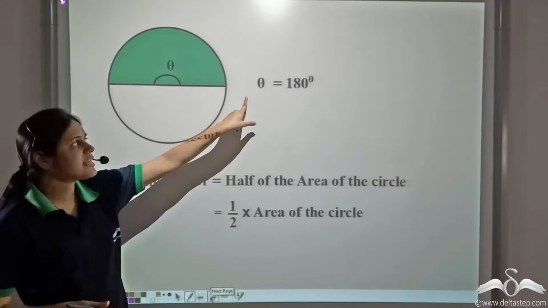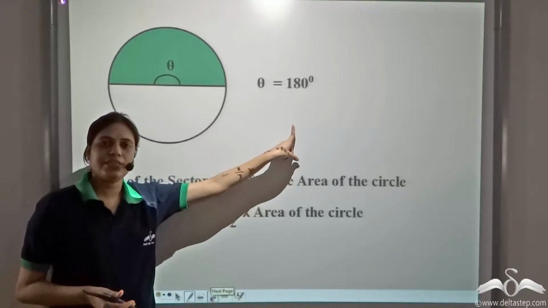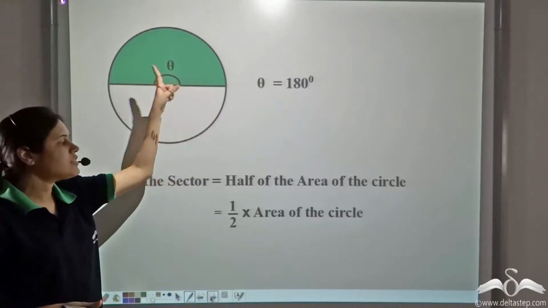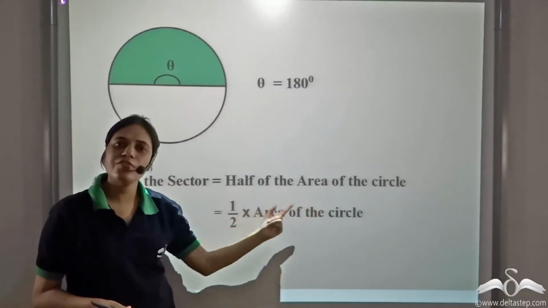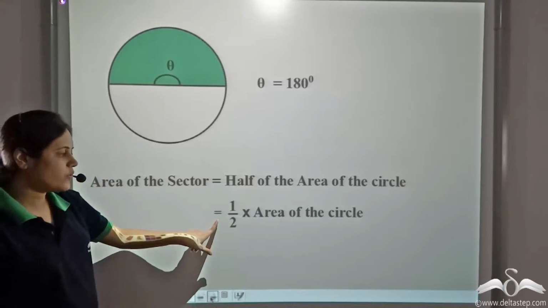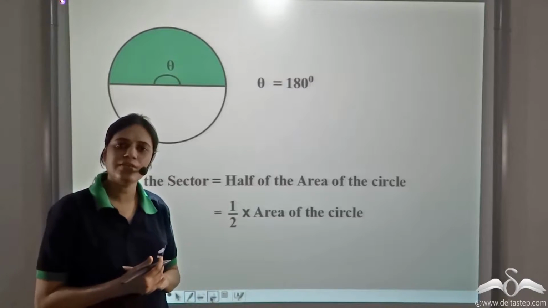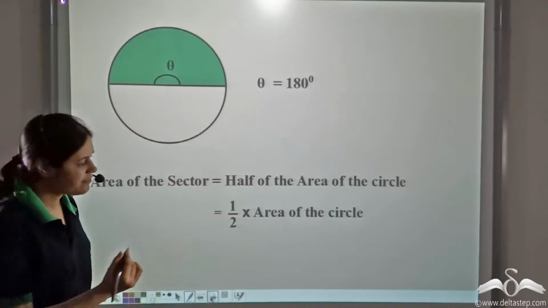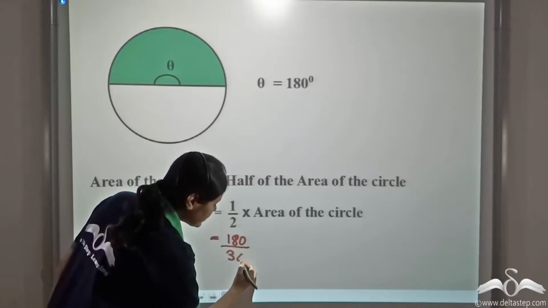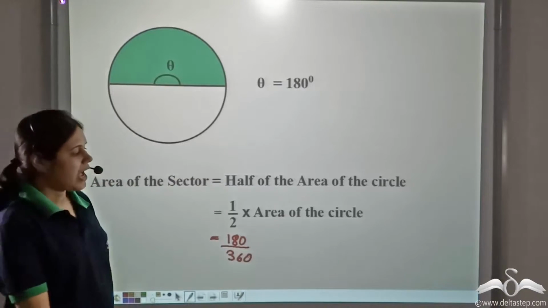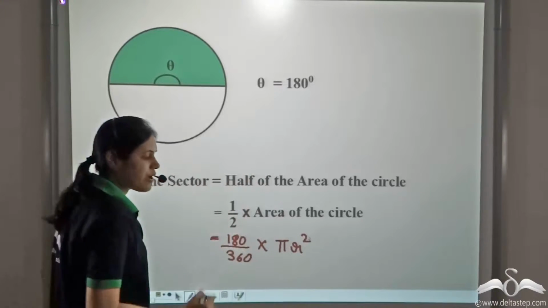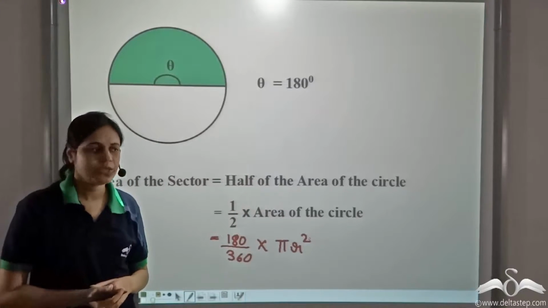Well, when the central angle theta is equal to 180 degree, we get a semicircle. So the area of the sector will be half of the area of the circle, because a semicircle is half of the circle, which is equal to half into area of the circle. Now this half can be written as 180 divided by 360, and we know that the area of a circle is given by pi r square, where r is the radius.